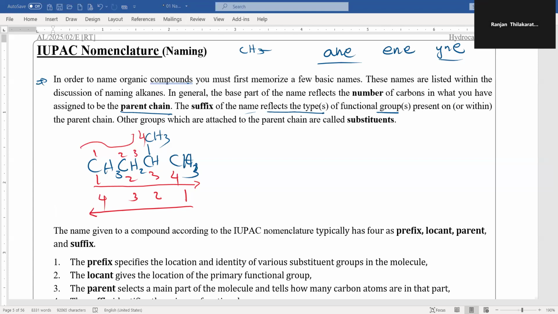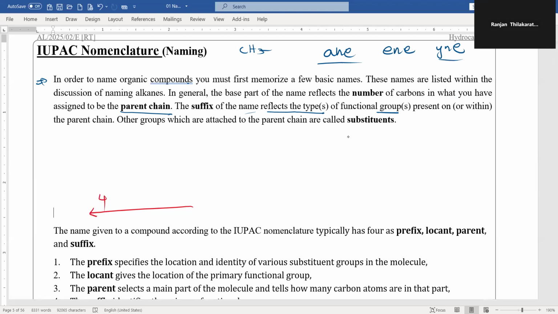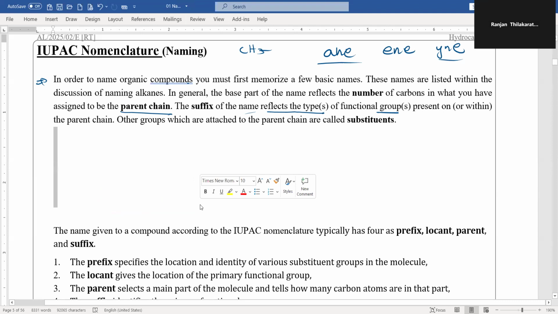Therefore, we have to have a proper method of numbering the chain. First, we get the longest chain and then number the chain.